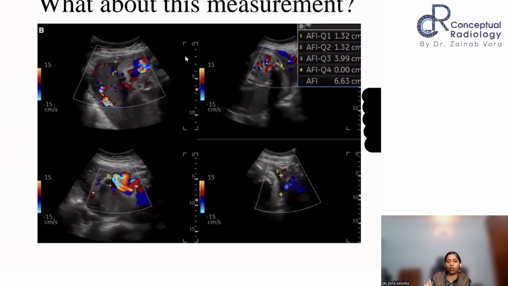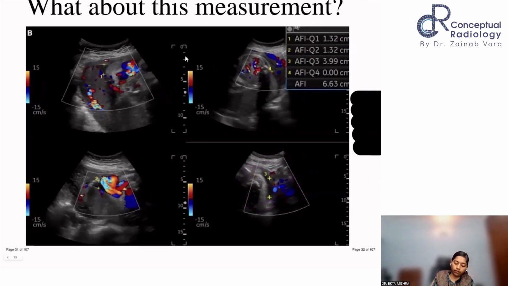They have done it in all quadrants. Anything wrong? Or is this measurement fine? Especially focus on this. Because in the fourth, they have not measured, it's 0 only. Absolutely right.